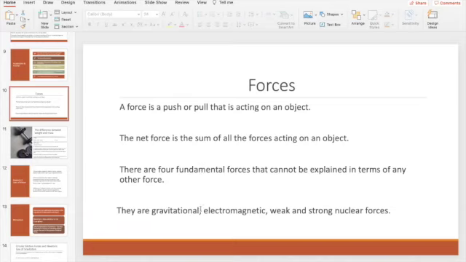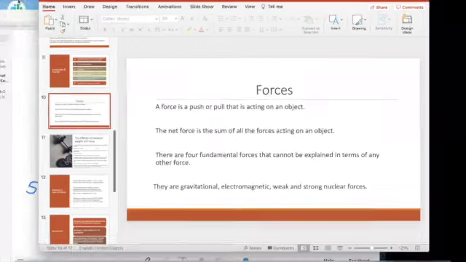Since this is an introductory level, we won't go into a lot of detail right now about this, but you will see this a little bit later in the physics chapters. So you have gravitational forces, electromagnetic, and strong and weak nuclear forces. So again, we'll go into a bit more detail later. But let's head to the whiteboard.